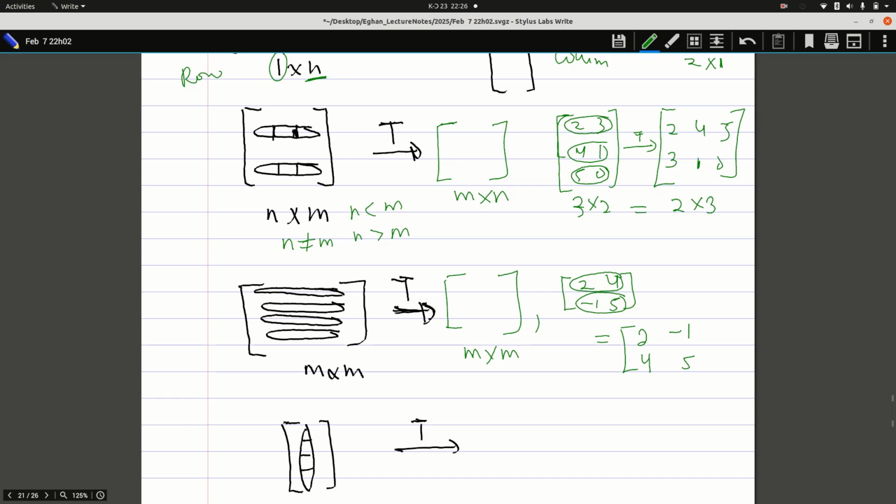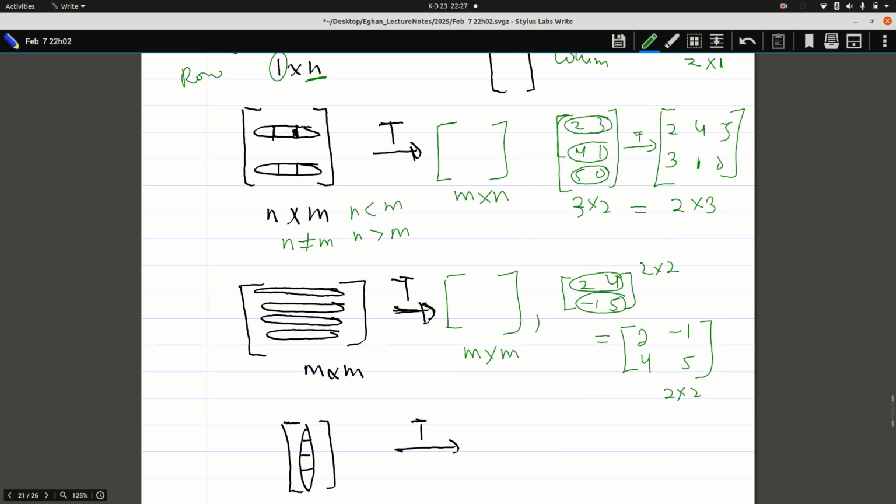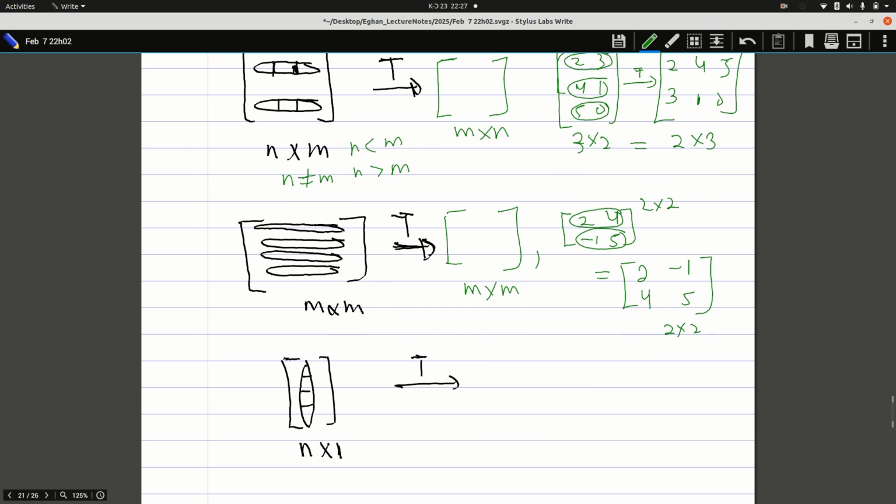What do you see? I still have 2 by 2. What happens is that the elements change their position. In a square matrix, the dimension does not change. That's one interesting thing about square matrices, but the elements change position.